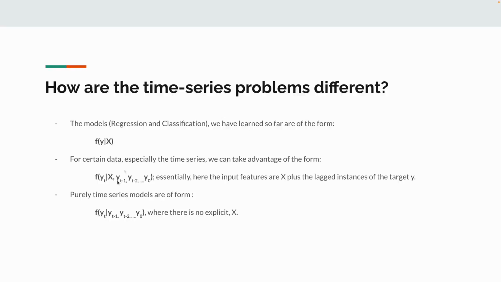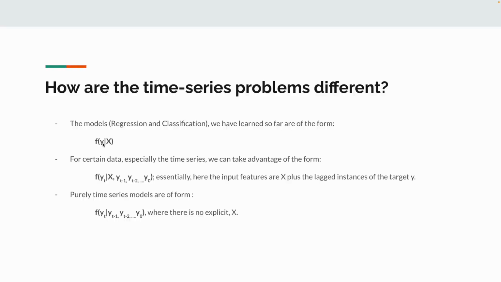X's are the same kind of features that we have seen for non-time series IID problems. This is the general structure, but if we drop x, then this is a purely time series model. We want to predict the value of y at time index t by using all the previous values that we have observed. Let's recap.